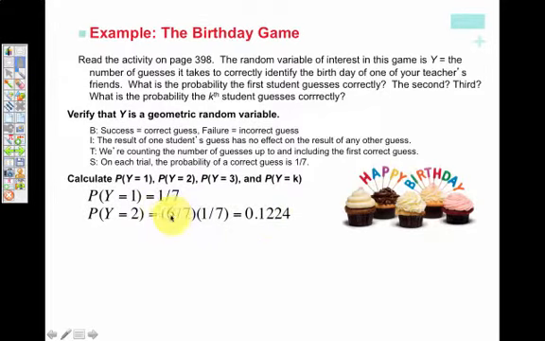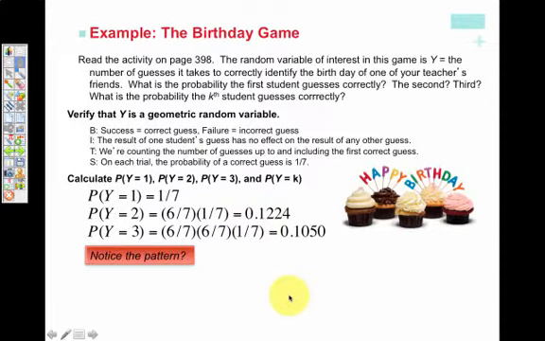And I hope you thought it's going to be 6/7 times 1/7, which is 0.1224. Failure first, then success. Y equals 3. Make a guess what you think is going to show up here. We're having the first 2 students guess wrong and the last student guess correct. There's our probability. Do you notice a pattern? I hope that you do.